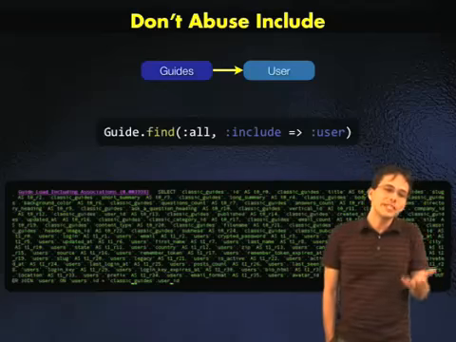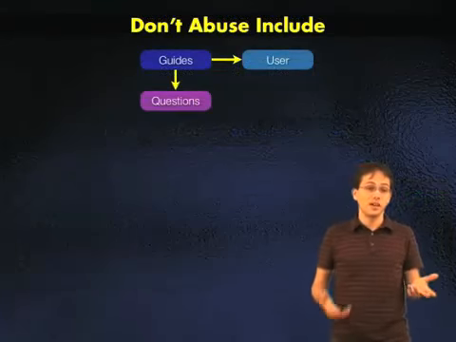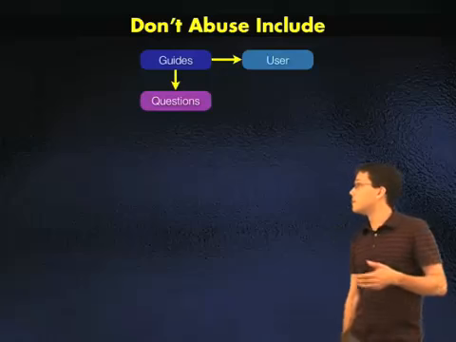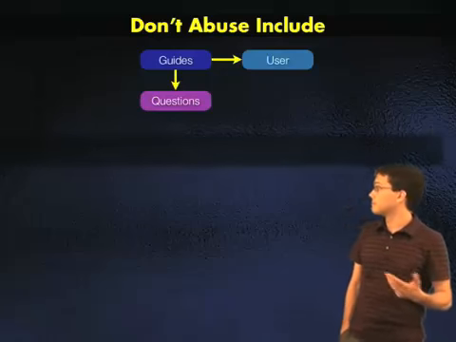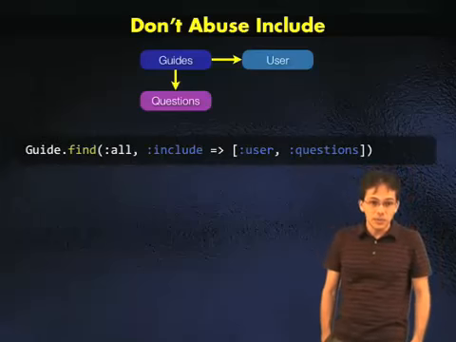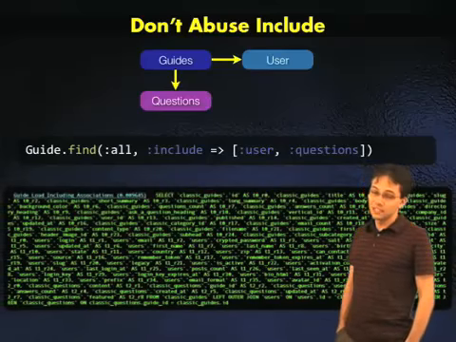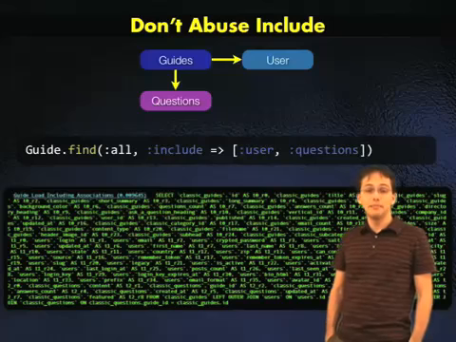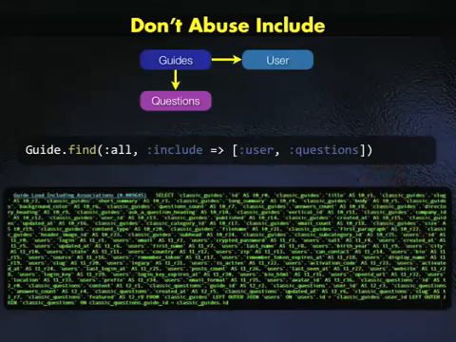But then we realized that we wanted to have the questions on the front page as well for each guide. So we added the questions, and our include ended up looking something like this. We include user and questions, and the SQL at this point looks something like this. Still kind of big, but it's not too bad. It's still fast. We still have our indexes.